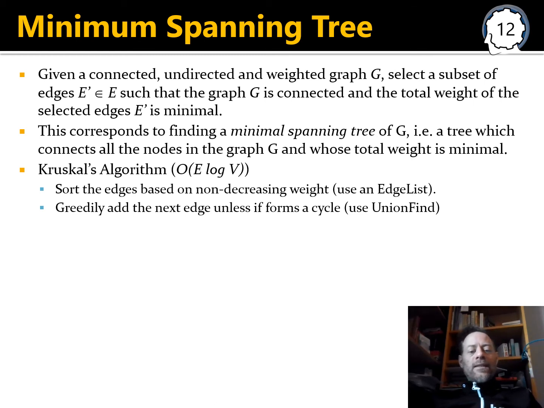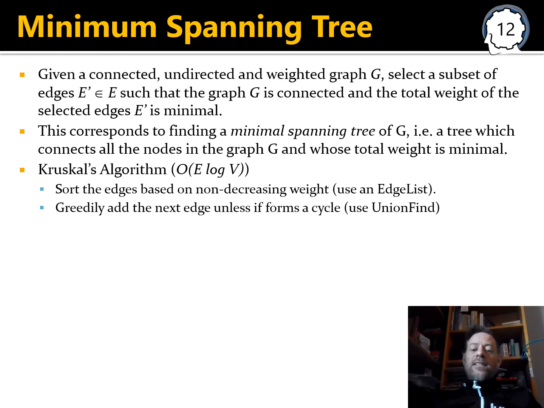My favorite is Kruskal's algorithm, which has time complexity E log V. What we do here is sort the edges based on non-decreasing weight. This is an example where we use edge lists. We sort them from cheapest to most expensive edges, and then we just take the first edge in this list.